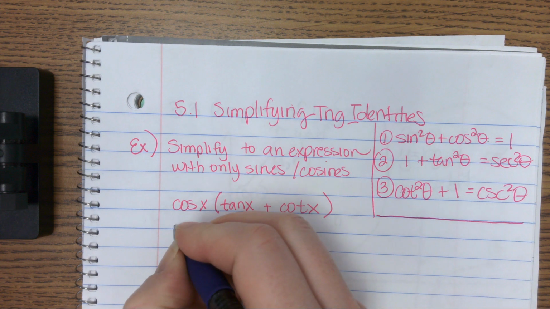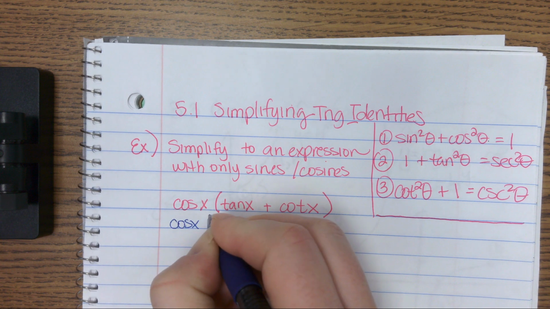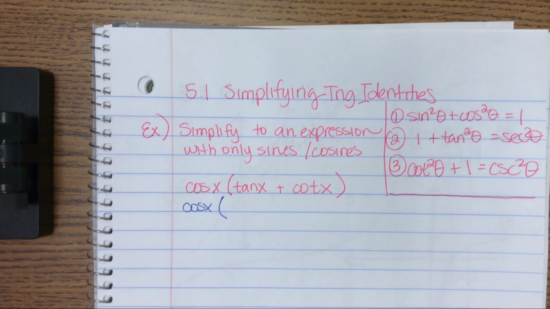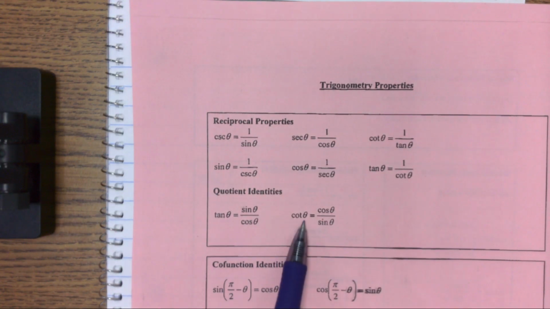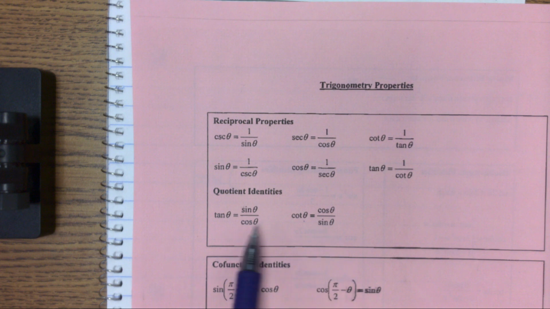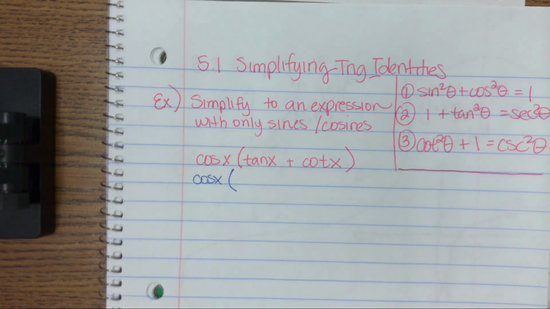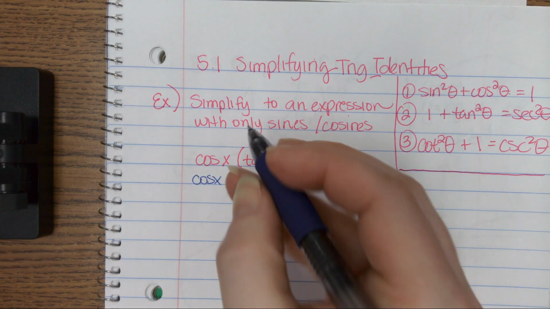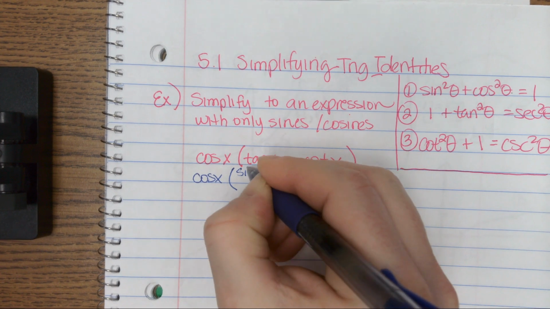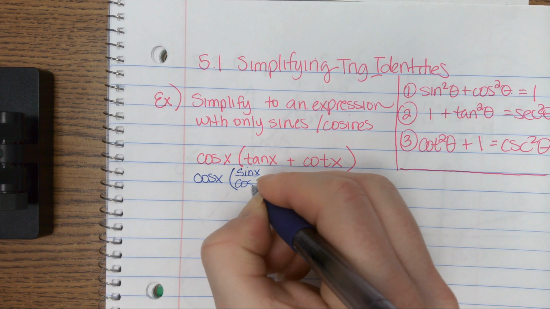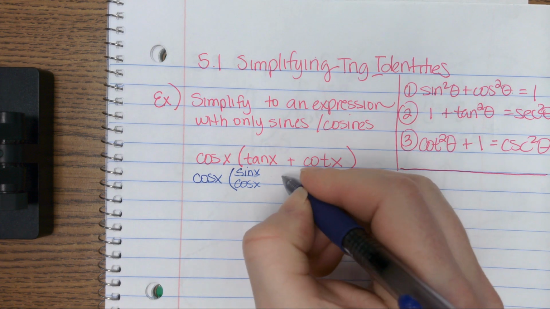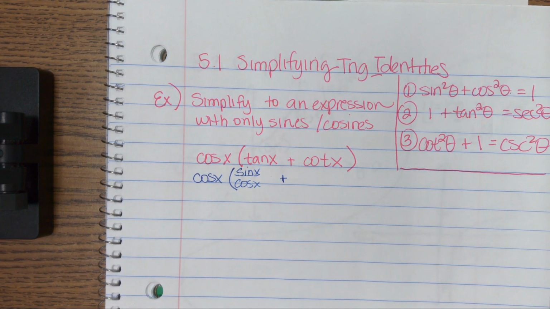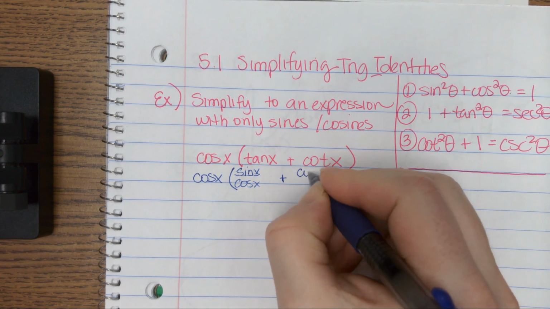Cosine of x I obviously can't rewrite, but using my quotient identities, I'm going to rewrite the tangent and cotangent using the ratios of sine over cosine and cosine over sine. So tangent is the sine over the cosine of x, and this one is cosine x over sine of x.